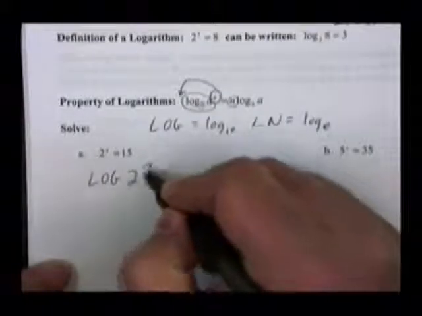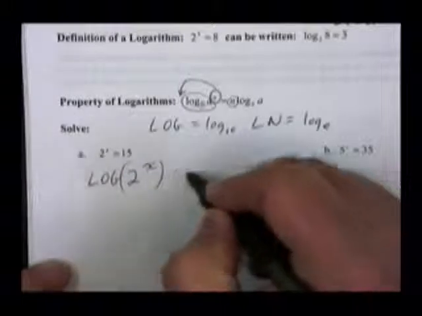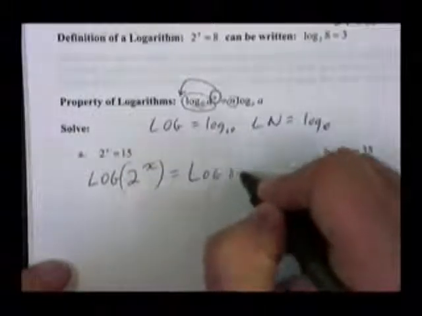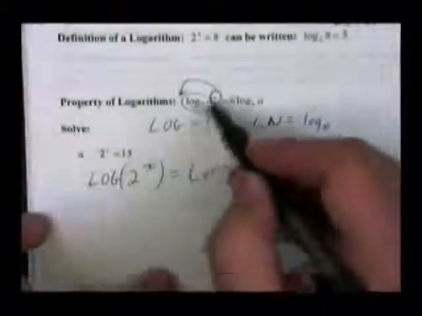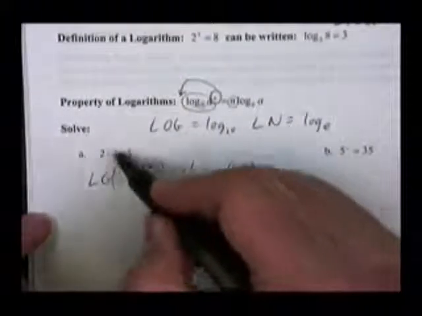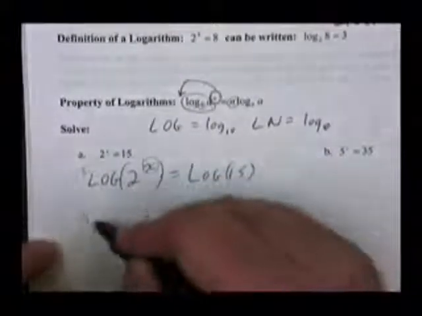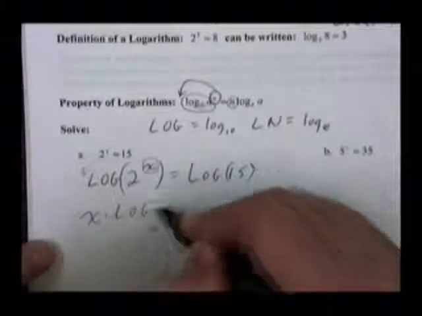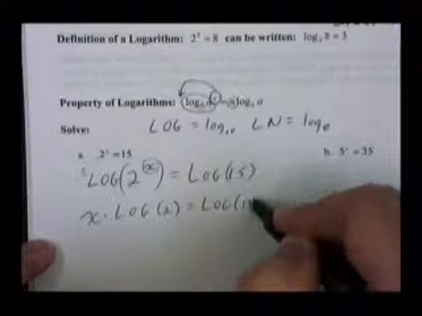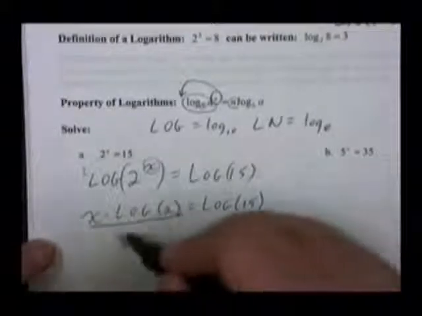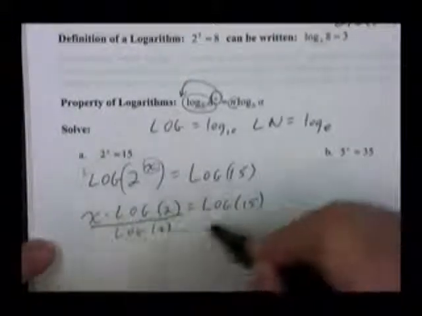All right, so log of 2 to the x equals log of 15. And I'm going to use this property that says I can take this exponent and bring it out front as a multiplication. So x times log of 2 equals log of 15. And then I'm going to divide both sides by log of 2.